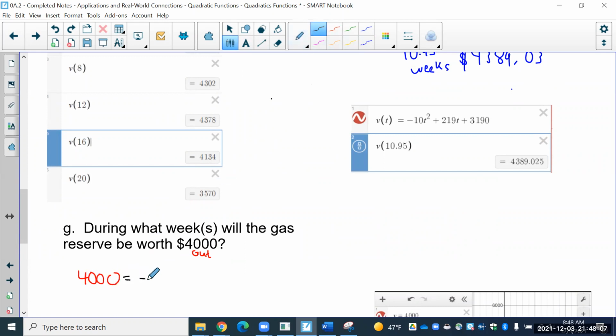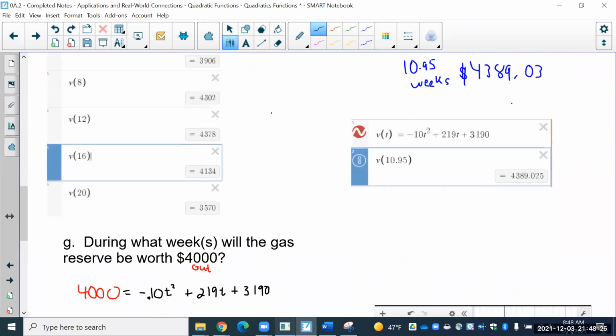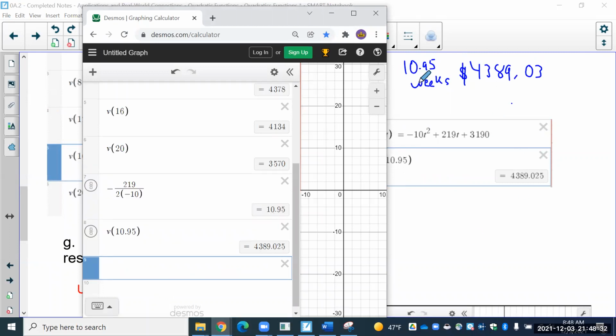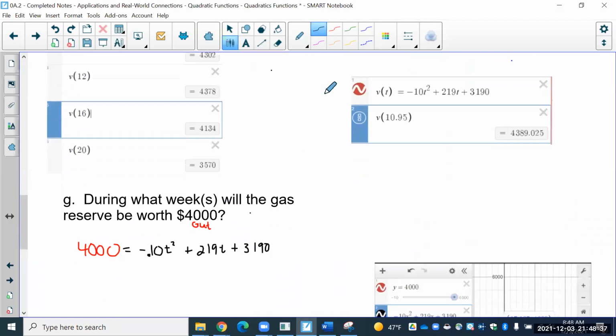And the equation we had was negative 0.10t squared plus 219t plus 3,190. Okay, and then I'm just going to solve that with the quadratic formula. Again, I got that equation from right here. And so I'm going to solve that equation using the quadratic formula, which I can still do with all this stuff in there. I can clear it out if I want to, but I can just start typing here, right? Ooh, one problem, I can't start typing yet because when you do the quadratic equation, it has to equal 0.